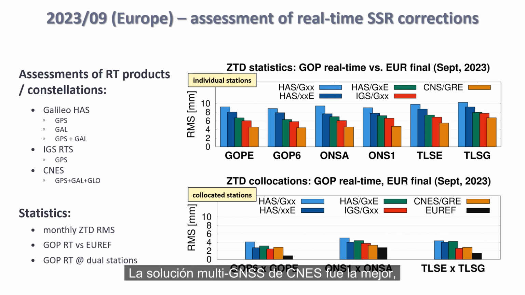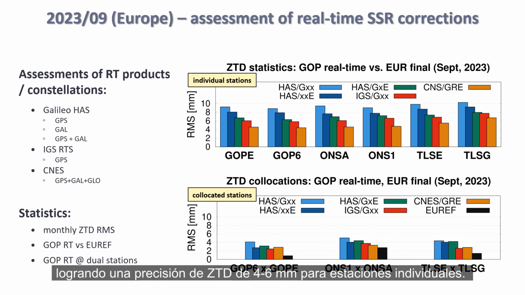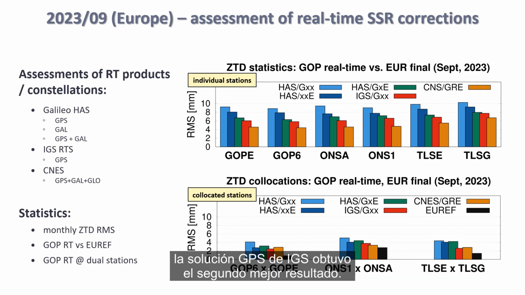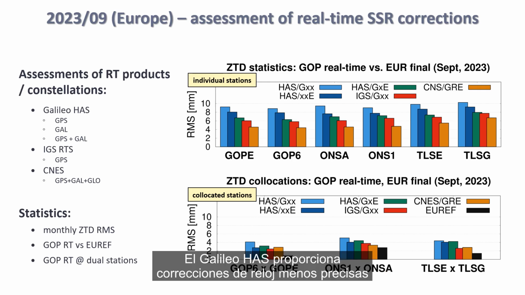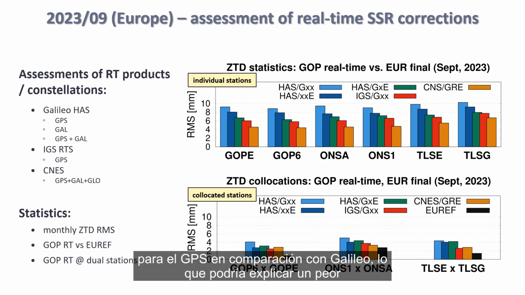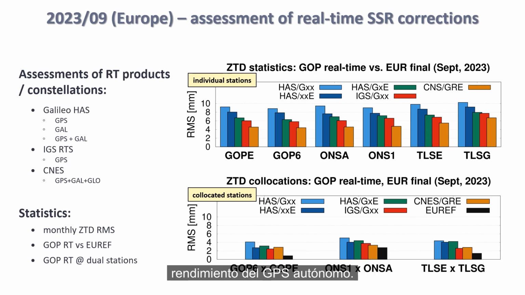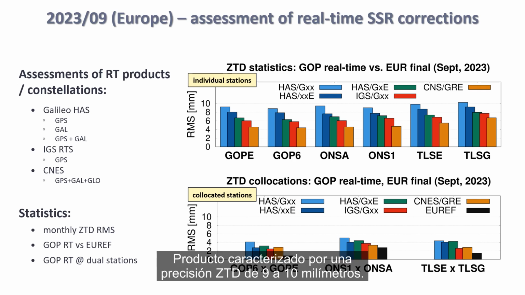The CNES multi-GNSS solution performed the best, achieving ZTD accuracy of 4 to 6 mm for individual stations. The GPS solution from IGS performed as the second best. The Galileo HAS provides less accurate clock corrections for GPS compared to Galileo, which may explain a worse standalone GPS product, characterized with ZTD accuracy of 9 to 10 mm.